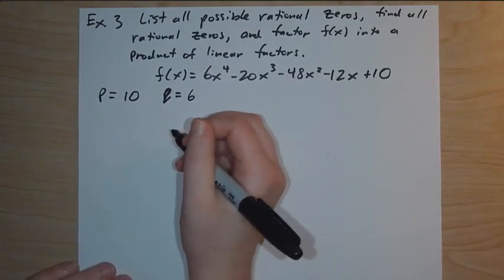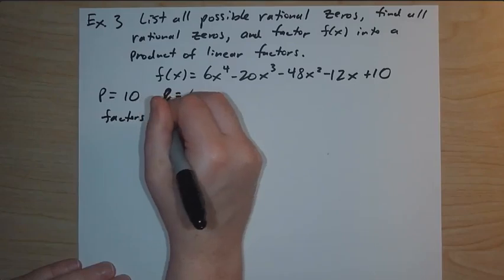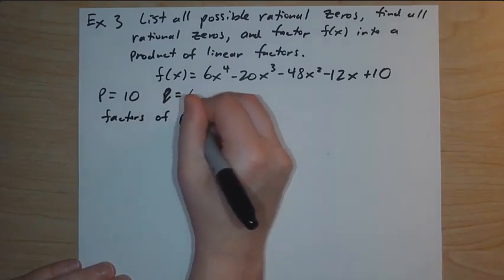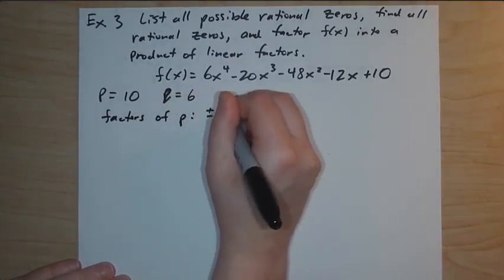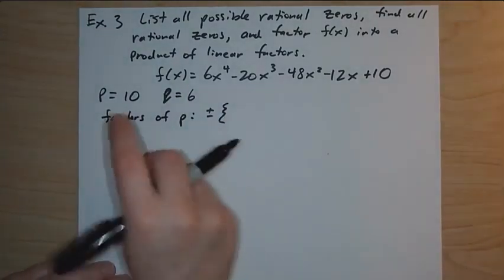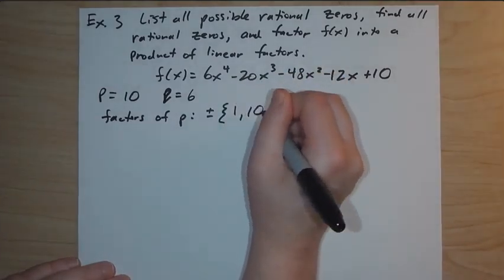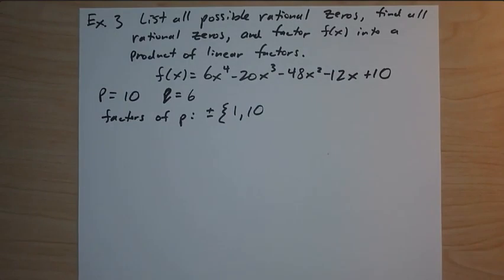And we're going to look at all the factors of P and all the factors of Q. So these are all going to be plus minus lists, since the negative factors are also included. A factor of 10 is 1 times 10 is 10, or negative 1 times negative 10 is 10.